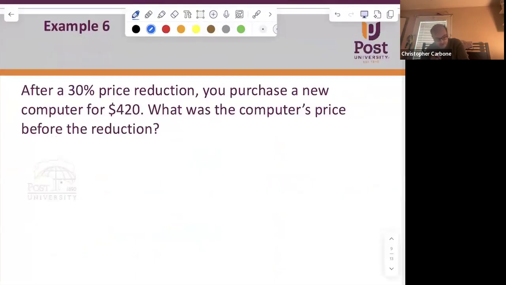On the sixth one, after a 30% price reduction, you purchase a new computer for $420. We want to know the computer's price before this reduction. So our variable in this particular case is going to be this original price.